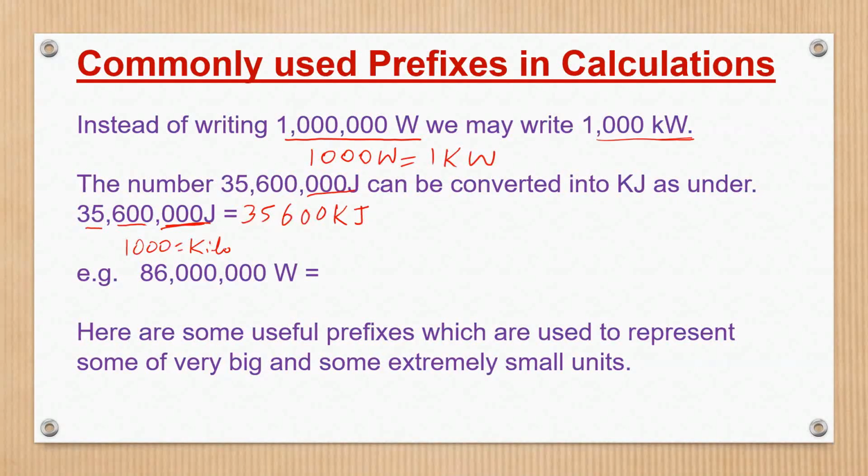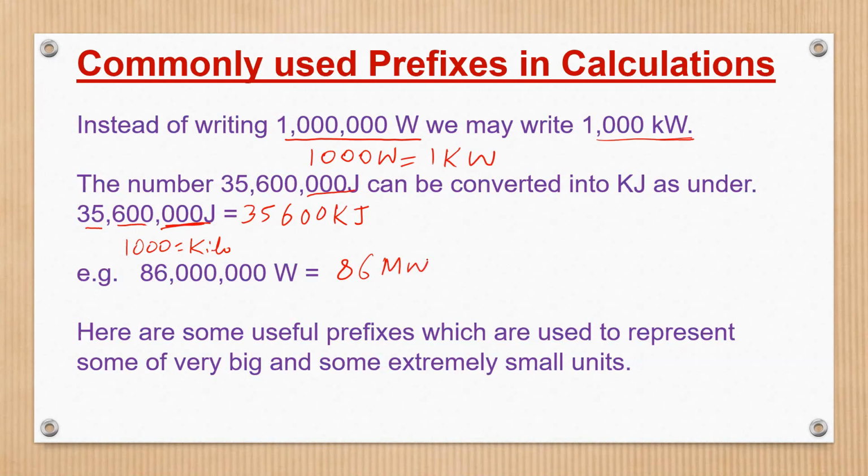Now, 86 million watts can be changed into megawatts. Simply, 86 megawatts.